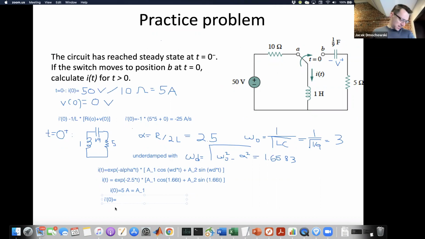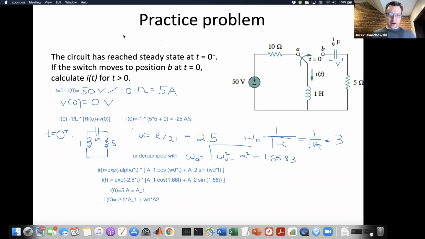And so I'm just going to tell you that it works out to be -2.5 times A1 plus, and if you just want to memorize this, that's fine, it always works out being negative alpha times A1 plus omega D times A2. And the way you get that is by applying the product rule to this equation.